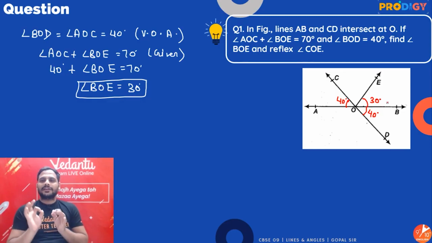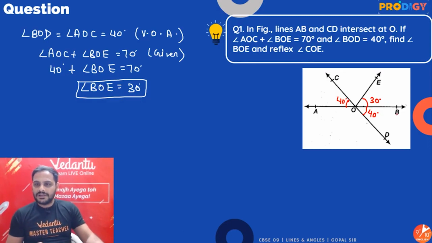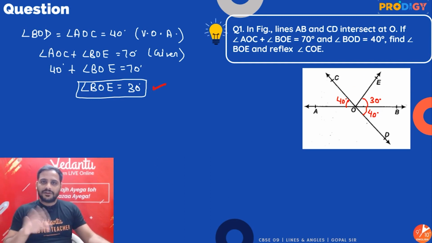Now what they are asking, they are first asking me angle BOE, which I have got 30 degree, alright. Second is reflex of angle COE. So reflex of angle COE, if I have to find out, first let's find out what is COE.